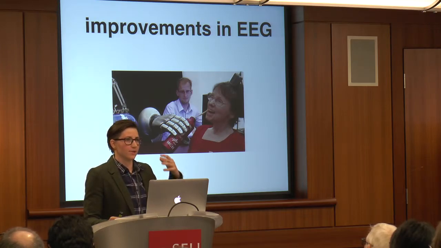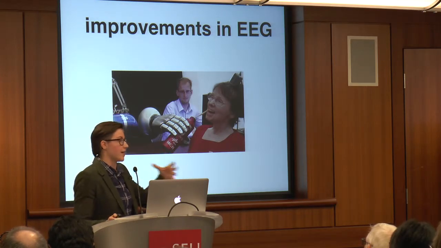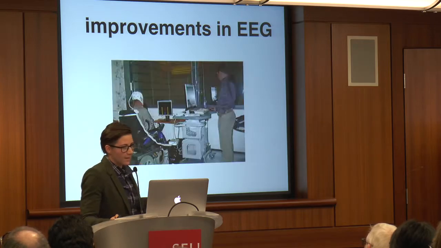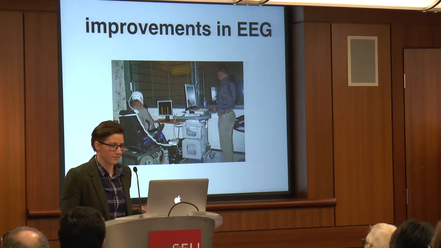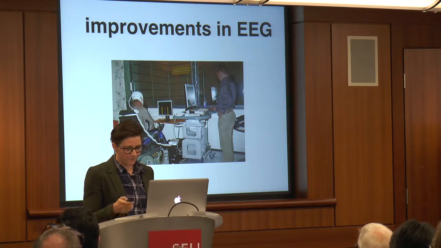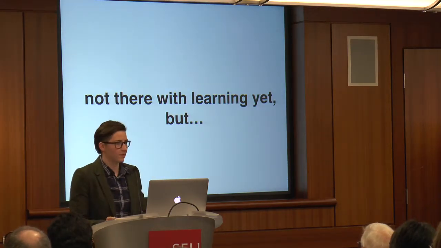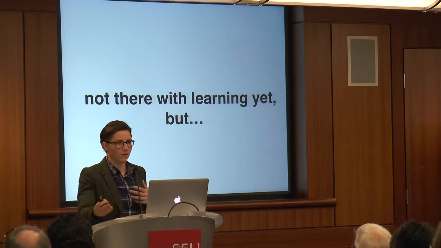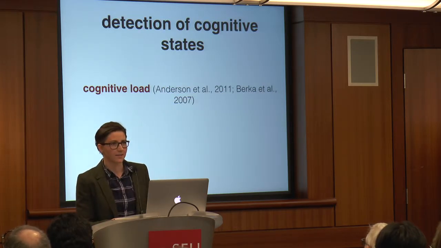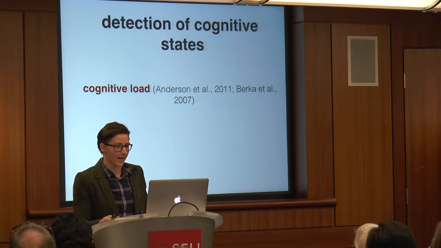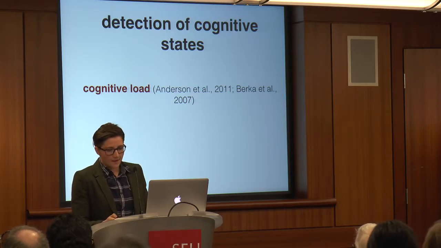A model has been trained on the signals in her brain, and she's navigating this arm just by thinking. This guy is playing the game Pong, which I don't know if you're familiar with, with his thoughts. We're not quite there with learning in terms of having this full-on feedback system, but there has been a lot of research showing that you can detect cognitive load very accurately using EEG.